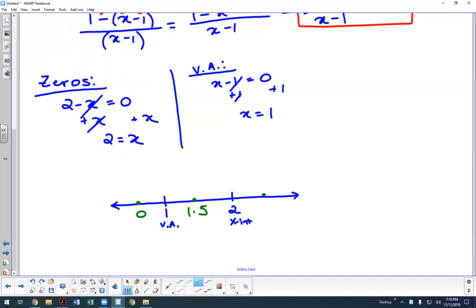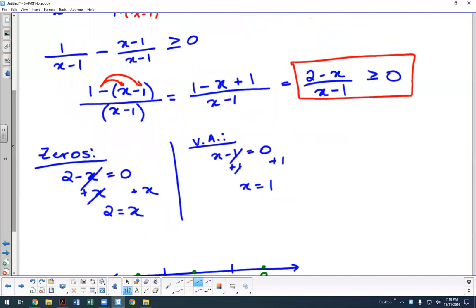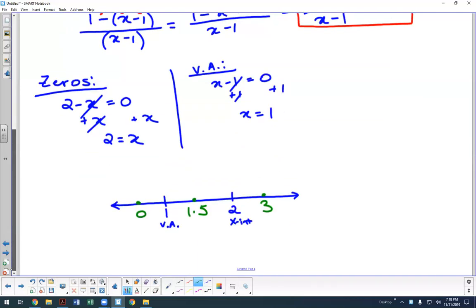And after 2? Sure, 3 works. Okay, so remember, you take your test points and put them back into the expression to check and see if we have a positive or a negative value. So that's going to be this modified function that we're going to be using this time around.